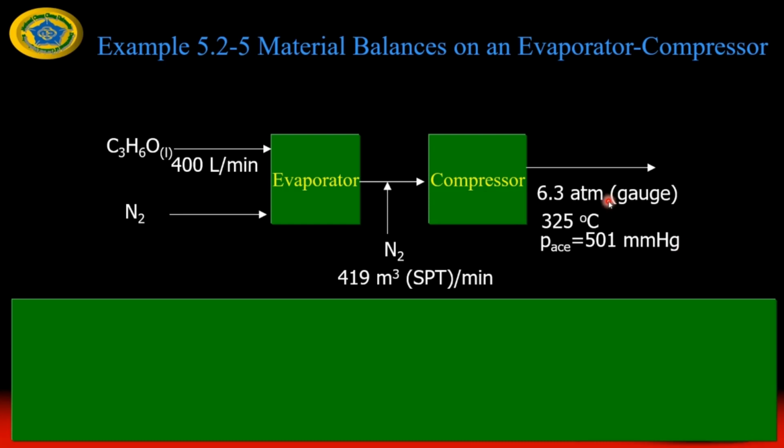Bingo, because this is a specification: you know the partial pressure and the total pressure, so you can know the fraction of the acetone, according to Dalton's law. Dalton's law tells us partial pressure equals molar fraction times total pressure. So this is one of the specifications here.